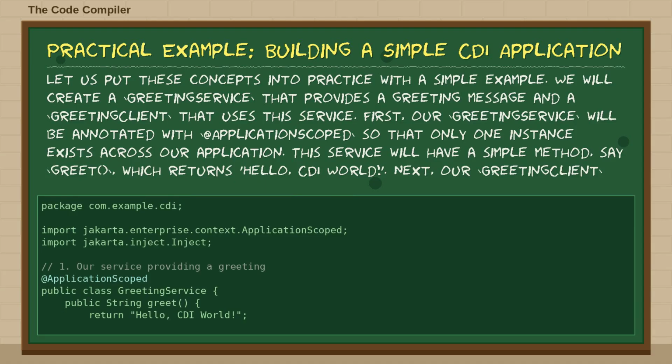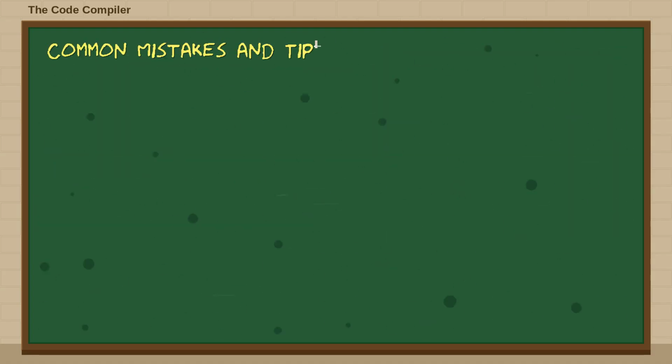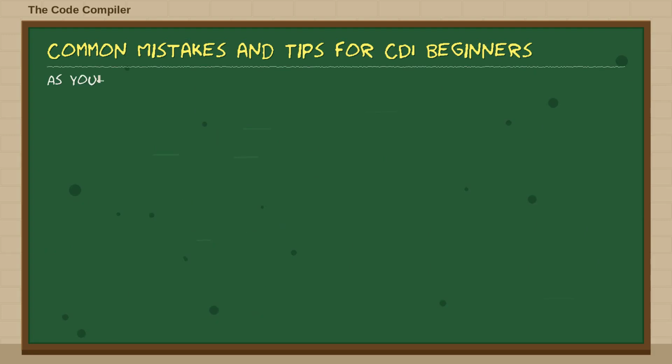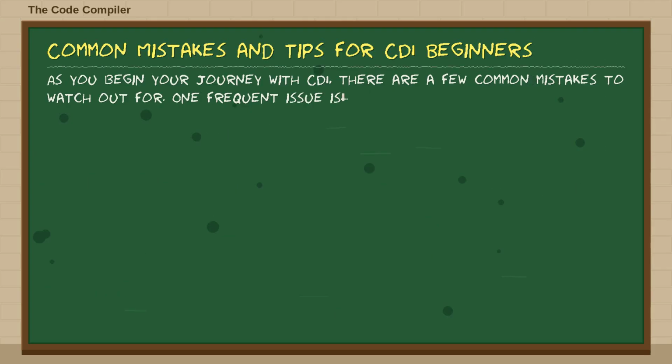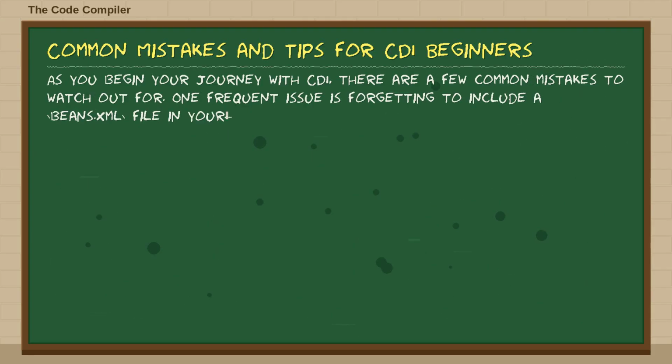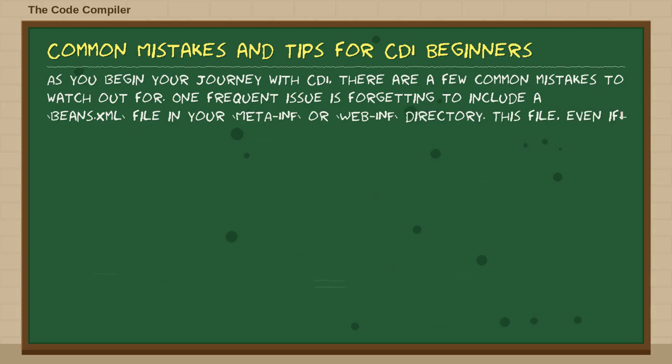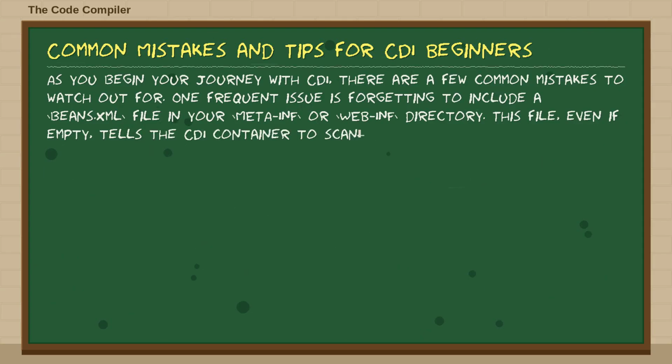As you begin your journey with CDI, there are a few common mistakes to watch out for. One frequent issue is forgetting to include a beans.xml file in your META-INF or WEB-INF directory. This file, even if empty, tells the CDI container to scan your application for CDI beans.